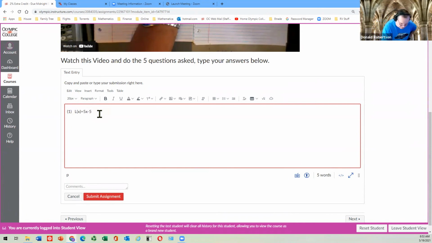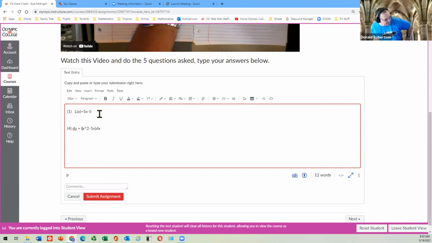Or you might be doing one of your answers, like maybe question 4. Your answer might look something like this. It's a differential. And you have to do that.